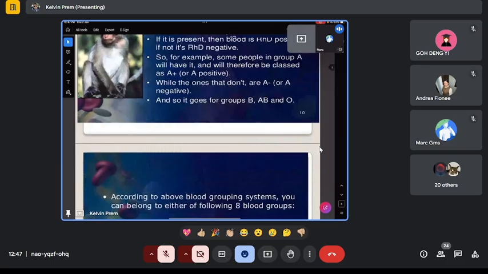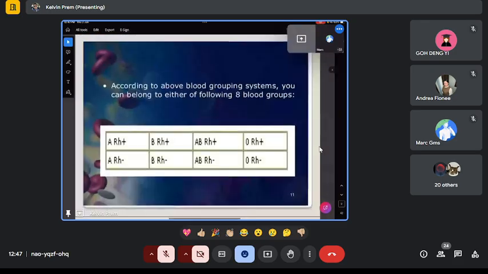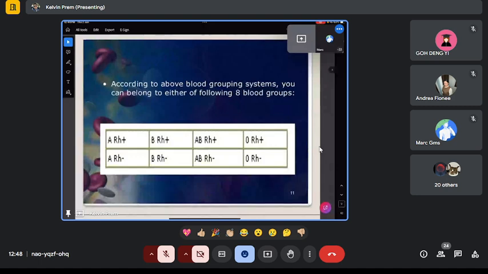Every group has a rhesus. Whether you are A, B, AB, or O, you have either rhesus positive or negative. So if you follow the rhesus and the blood group, there are actually 8 different blood groups that you can get. As it shows here, it's either A positive or negative, B positive or negative, AB positive or negative, or O positive or negative.